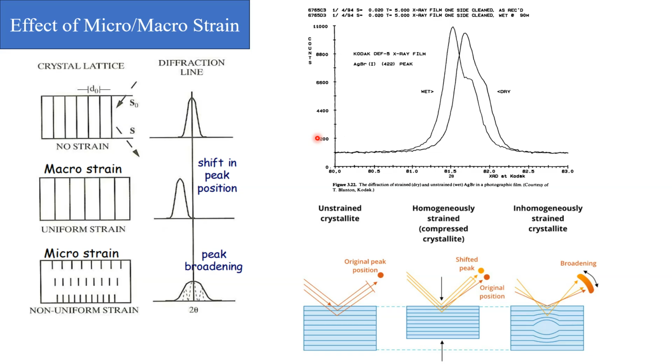And about the inclusion and imperfection, we can see that when the X-ray film has inclusions or imperfections like particles, there will be more strain than in the perfect X-ray film. So the shift in peak position will be seen in the XRD pattern.